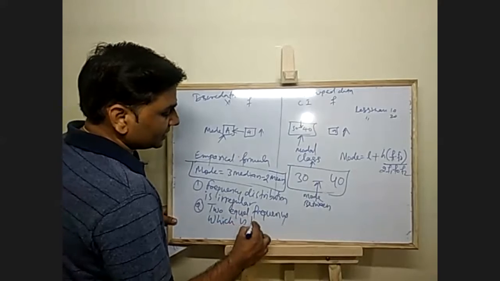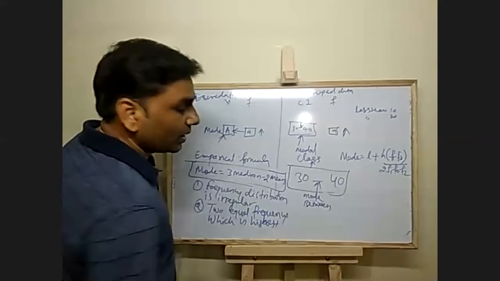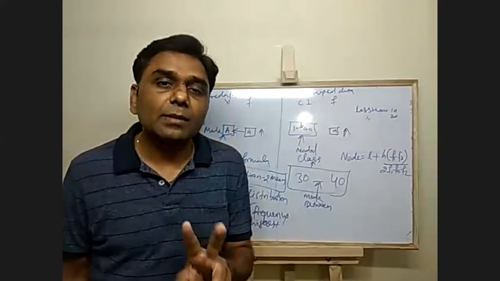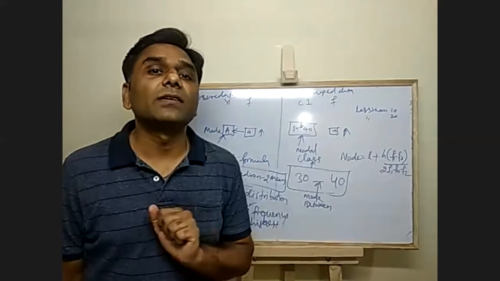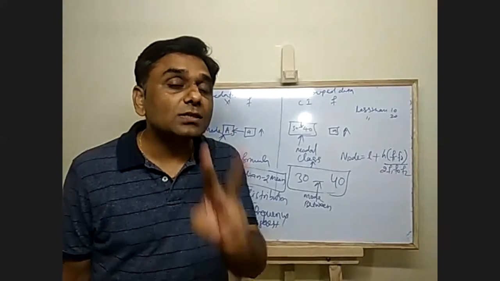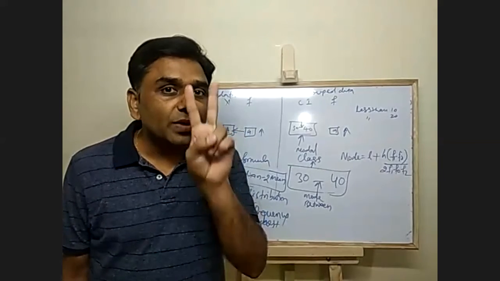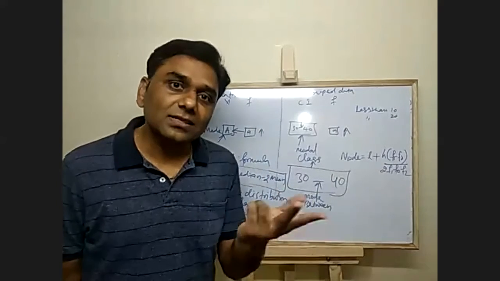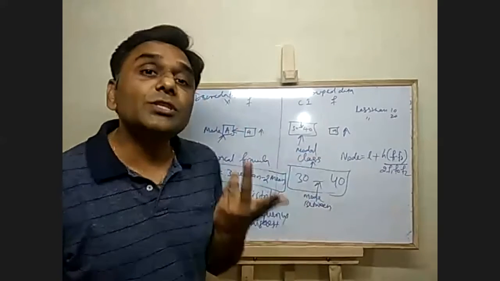Let's say 12 is the highest frequency in the data table, and you see that there are two class intervals with 12 as the frequency. That time also we call such data bimodal. So when there are two equal and highest frequencies, we are getting two class intervals. Now which is the modal class?